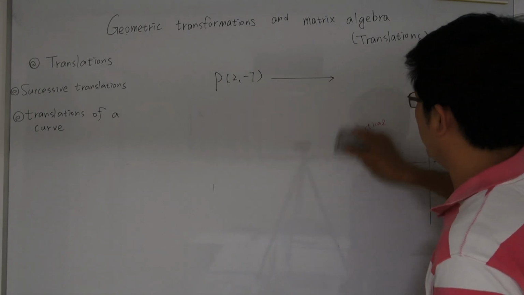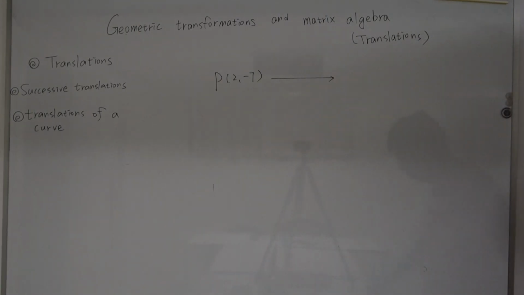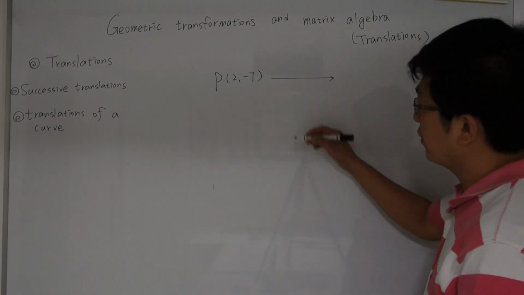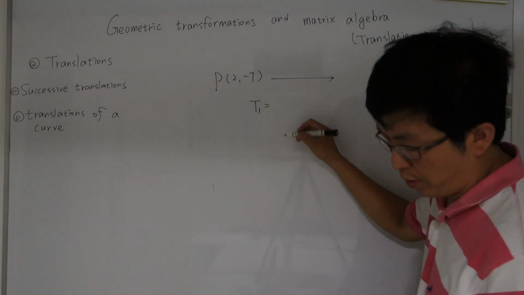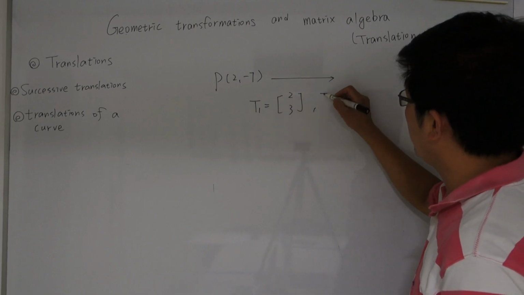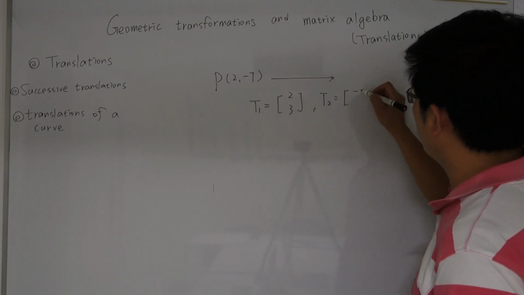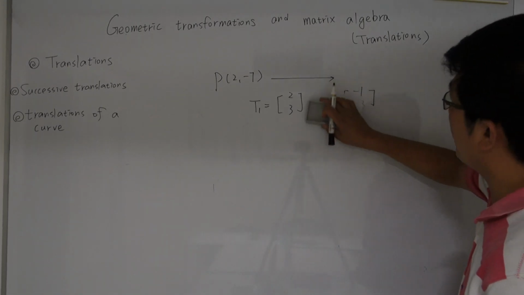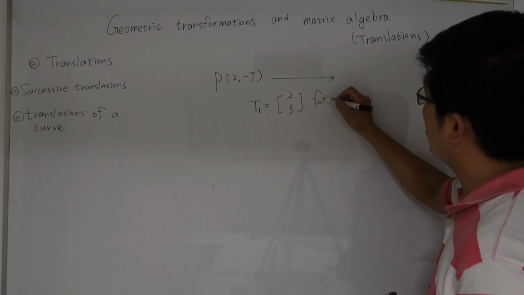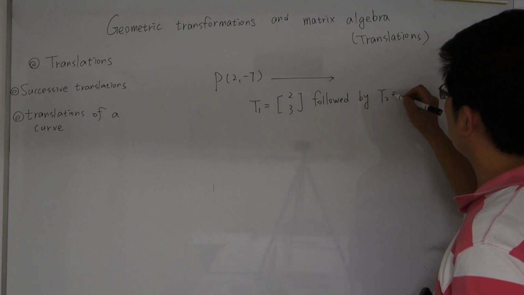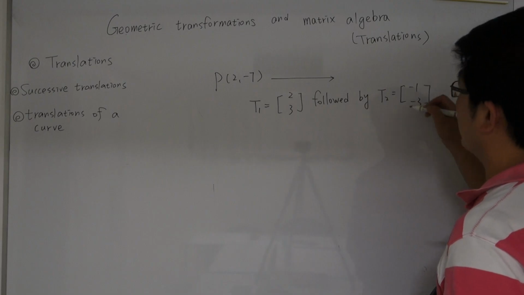Now we do two translation vectors. T1 equals (2, 3), and the translation vector T2 equals (-1, -3), okay? And T1 followed by T2, where T2 equals (-1, -3).